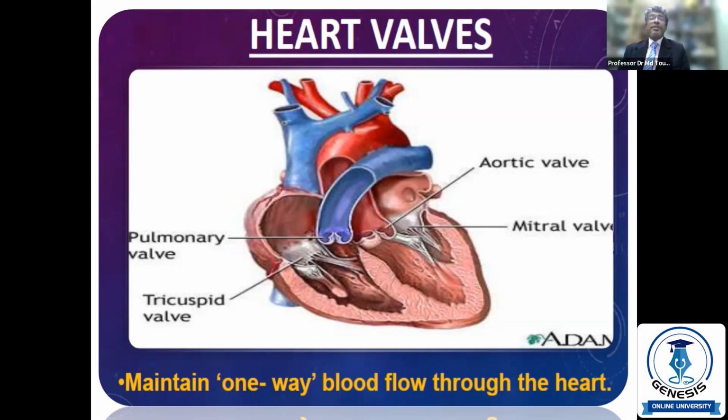That is not common. But when considering congenital heart disease, pulmonary stenosis is also common. Aortic valve stenosis may happen. Even tricuspid stenosis or tricuspid atresia may occur in a patient with congenital heart disease.